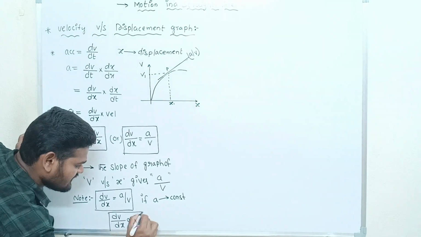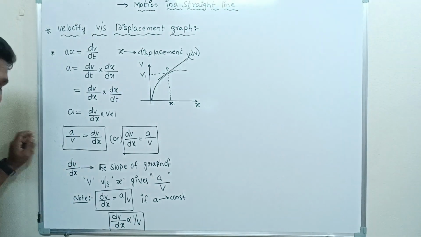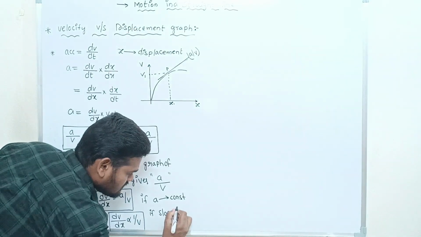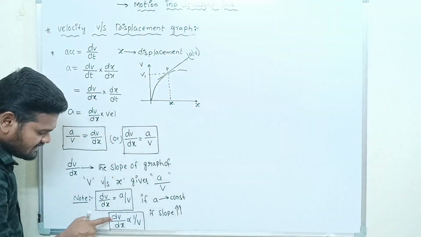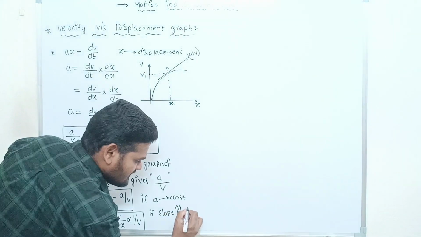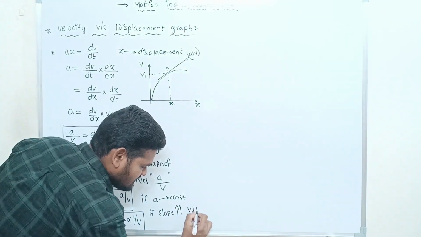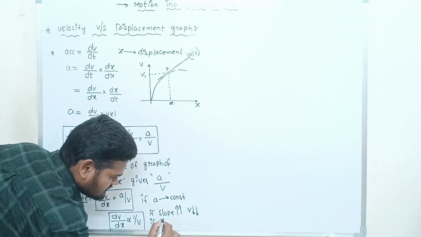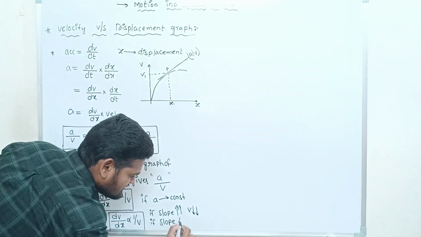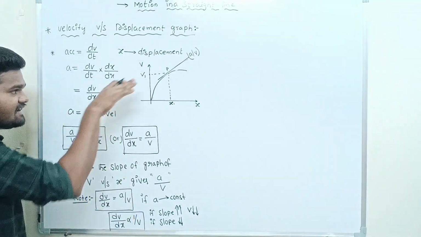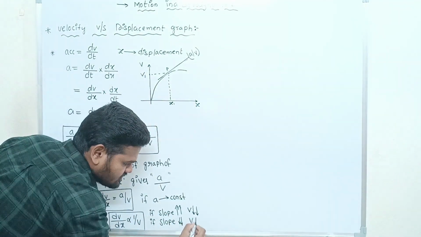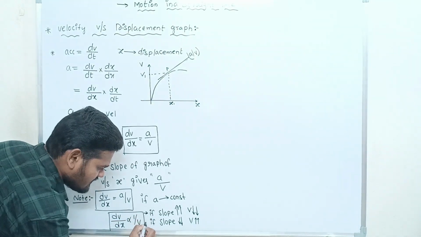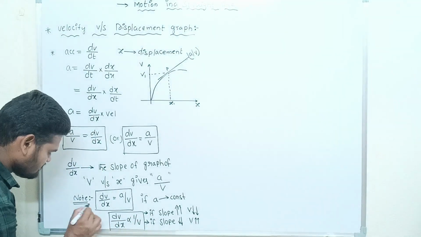That means if the slope dv by dx increases, then the velocity of the object decreases. If the slope decreases, then the velocity of the object increases. Are you getting me? Any doubt?